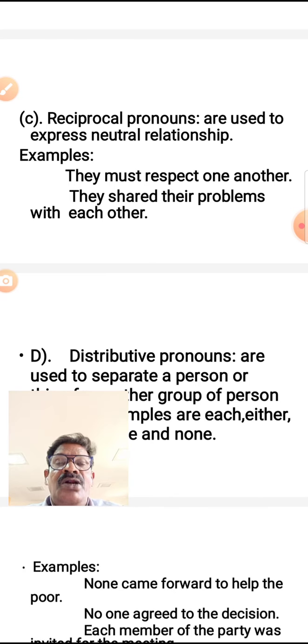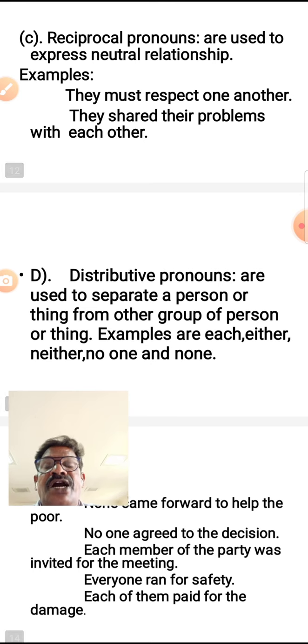And now let us come to another kind of pronoun, that is distributive pronouns.